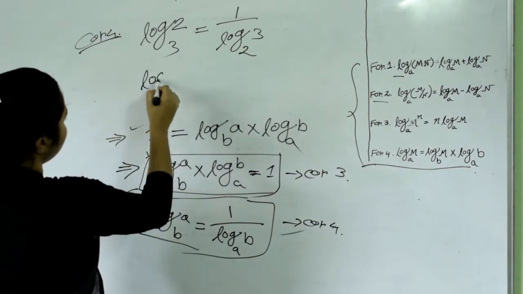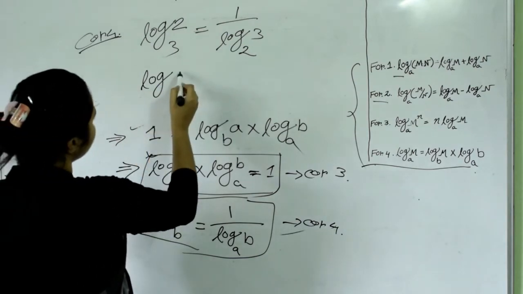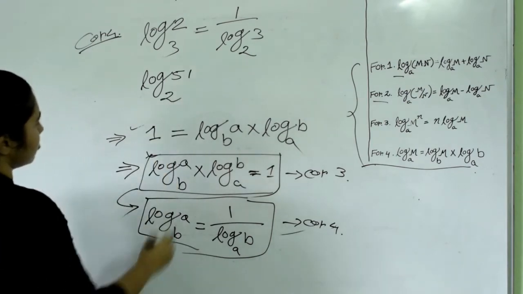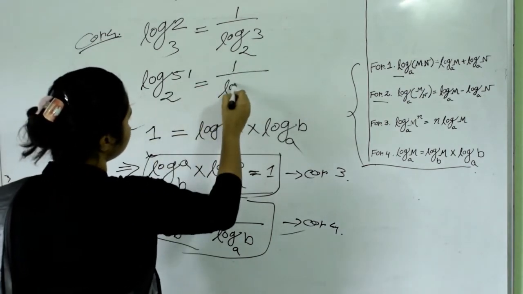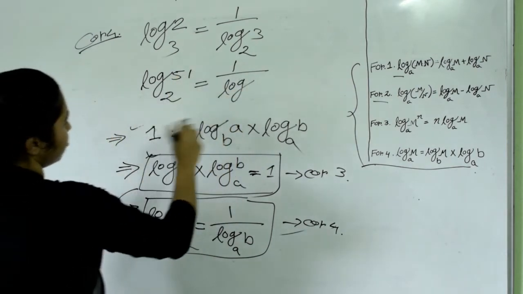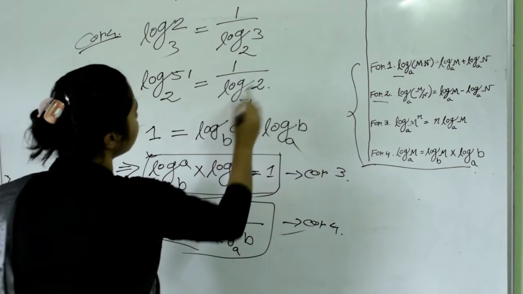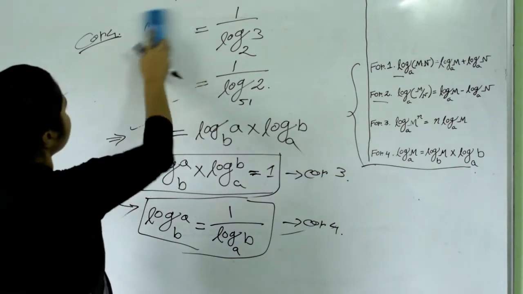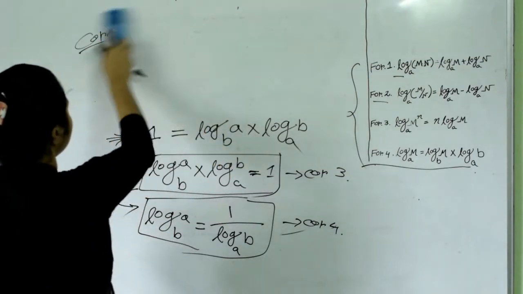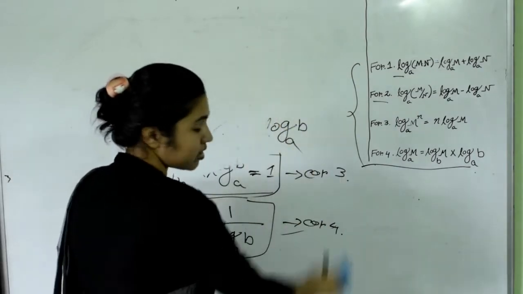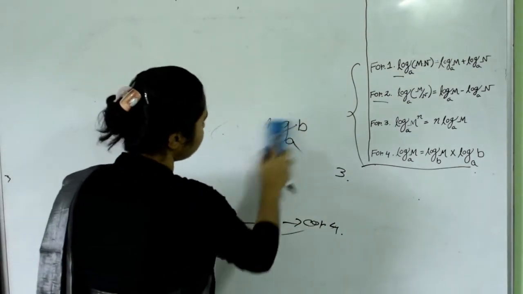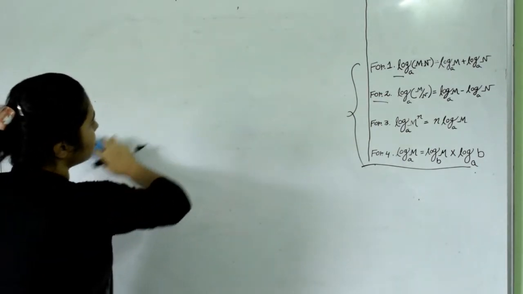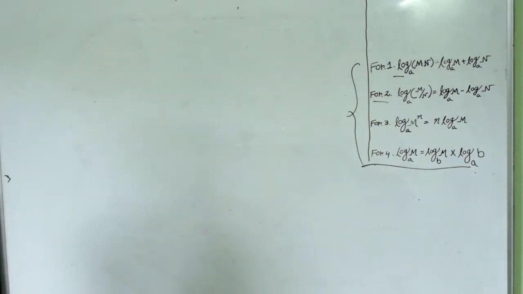Or if we have, suppose, log 51, 2, we can write it as, just interchange this base and value, log 2 with base 51. We need all these corollaries to solve our exercise. We have to use all these formulas and corollaries to solve our exercise. That's why we are doing this.